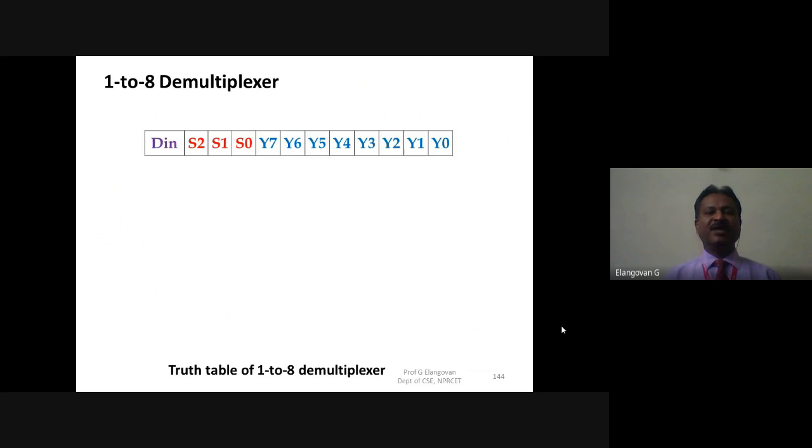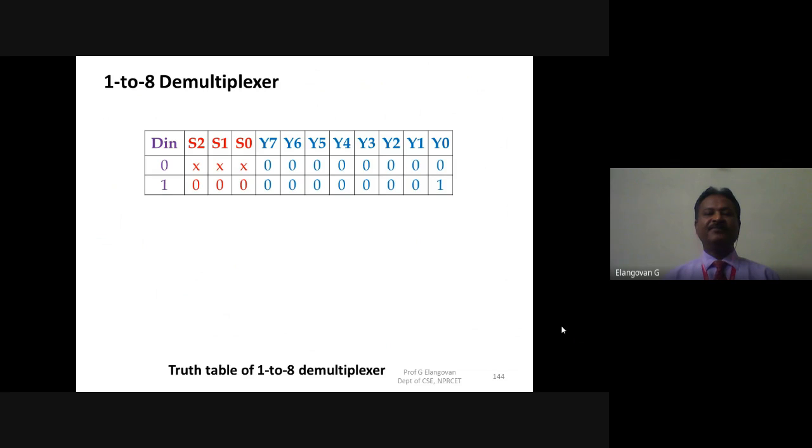Similarly, the 1:8 demultiplexer. If D in is given, and assuming that enable is available, if D in is 0, whatever the combination, all the outputs will be at low level. If D in is 1, depending on the S2, S1, S0 value, we have 8 different combinations.